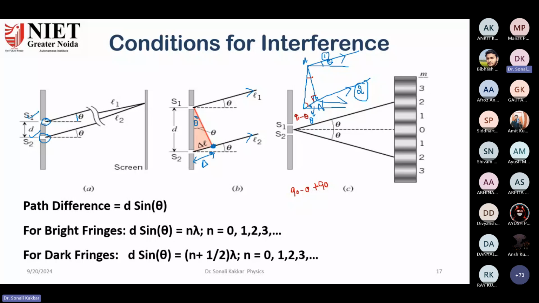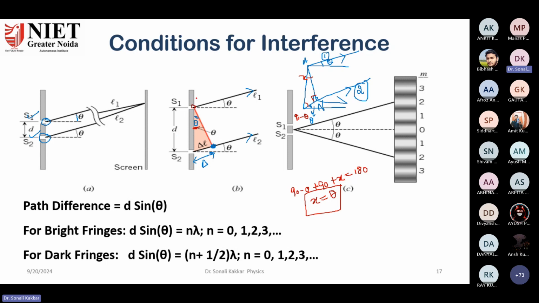We have to find this angle; let's denote it with x. As the sum of angles of a triangle is 180, x plus 90 plus 90 minus theta is 180. The 90s cancel out, and x comes out to be theta. So this angle is also theta. Clear? Yes, ma'am.